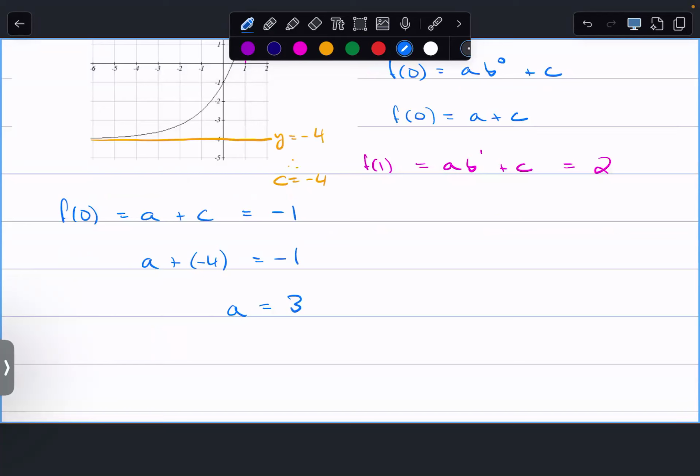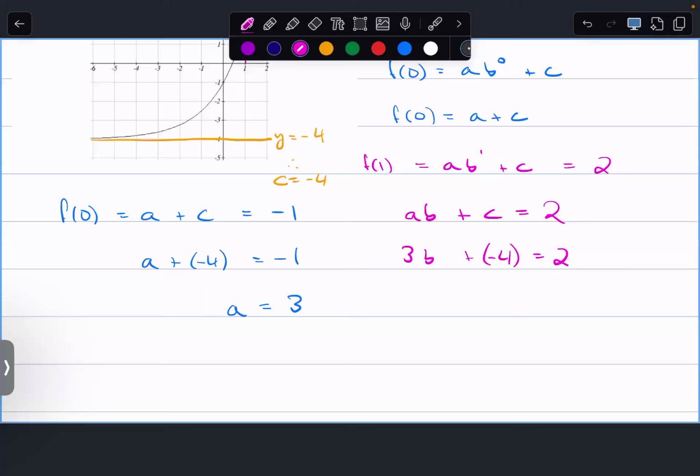Then I can keep going from this one here. f of 1 is a times b to the power of 1 plus c is equal to 2. And so I have a is 3. I don't have b, but I have c is -4, and I know it's equal to 2. And so that's how I'm going to get ab plus c is equal to 2, but a is 3b plus -4 or -4 if you prefer.